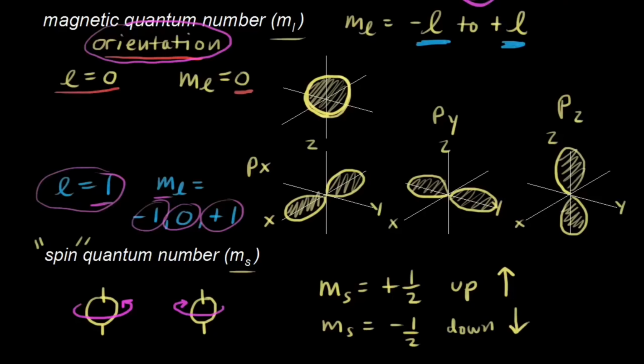Again, electrons aren't really spinning in a physical sense like this, but if you think about two possible ways for an electron to spin, then you get these two possible spin quantum numbers: positive 1/2 or negative 1/2. So those are the four quantum numbers, and we're going to use those to think about electrons in orbitals.